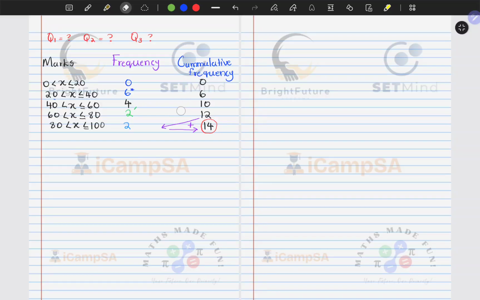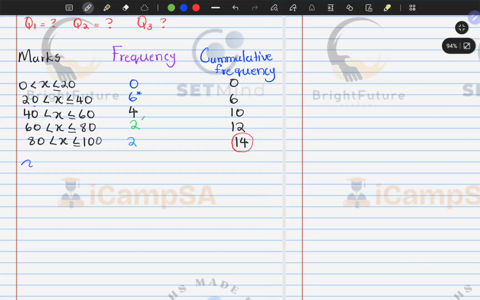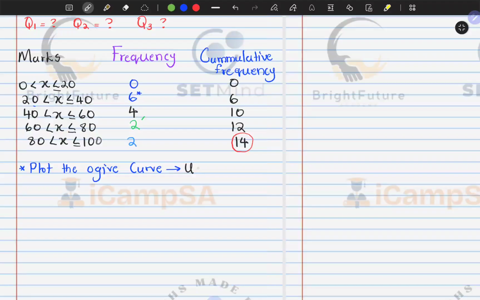What I'm going to do is plot the Ogive curve, others would call it. For the Ogive curve, guys, I want to remind you something very important.